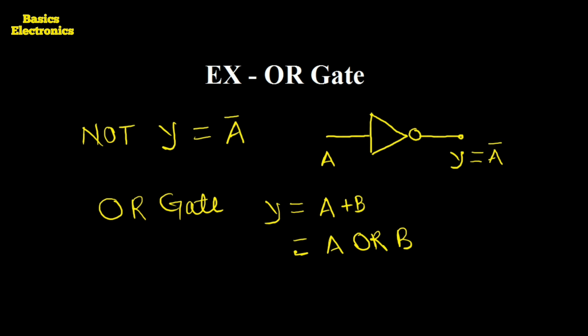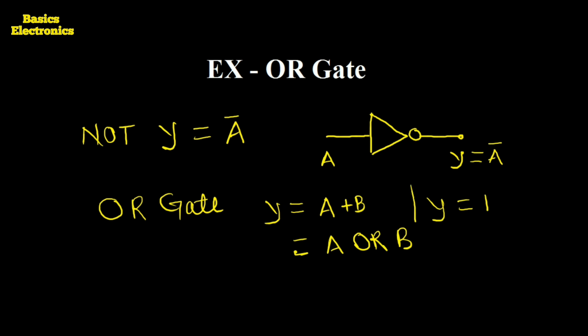What about its logical statement? The OR gate produces a logically high output, which means output Y equals 1 when any one input, A or B, as its name indicates, is 1.